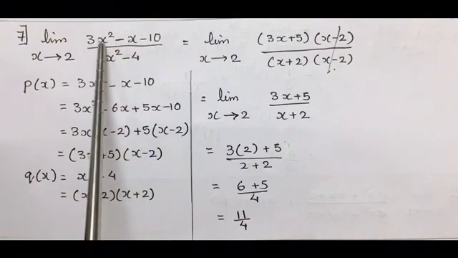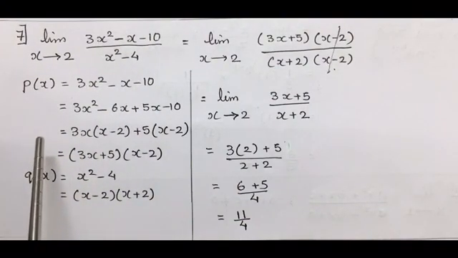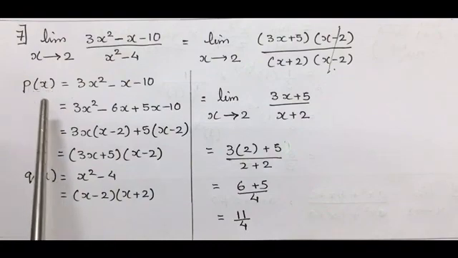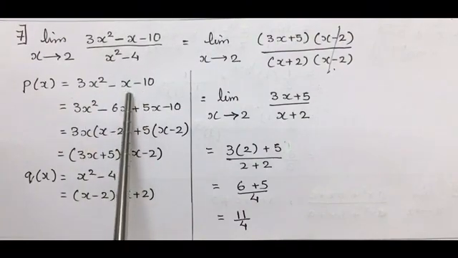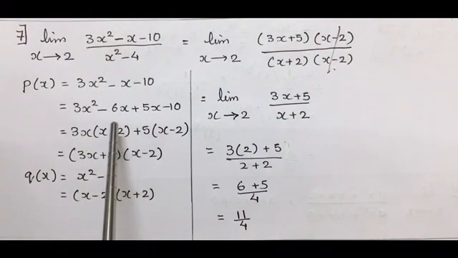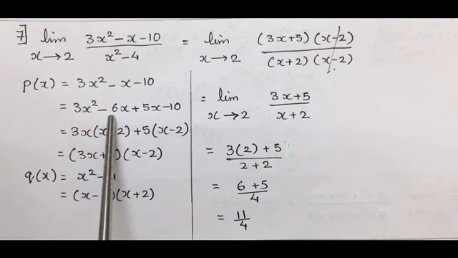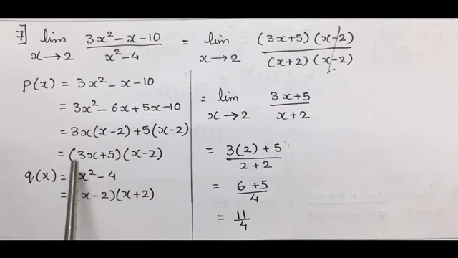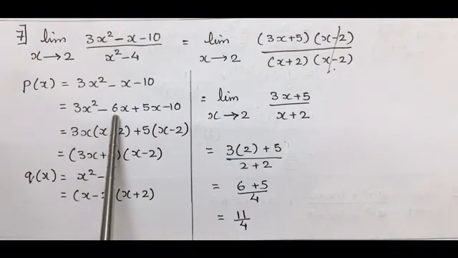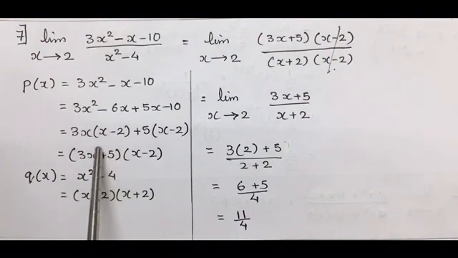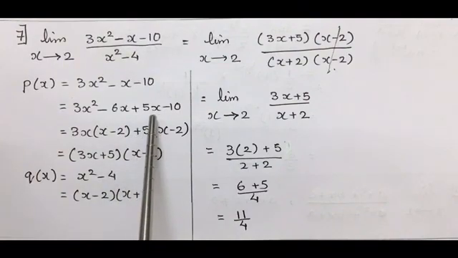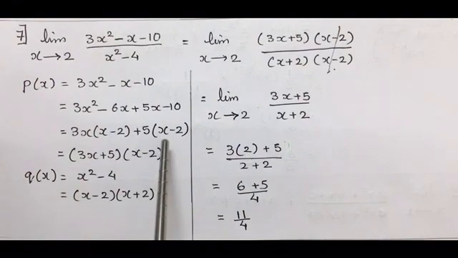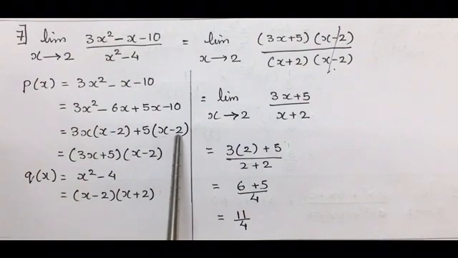and considering this numerator as p of x, that is a polynomial, going for splitting of the middle term. The middle term splits are minus 6 and plus 5. Taking out 3x common from the first two, we get 3x into (x minus 2) plus, taking out 5 common, it becomes (x minus 2).